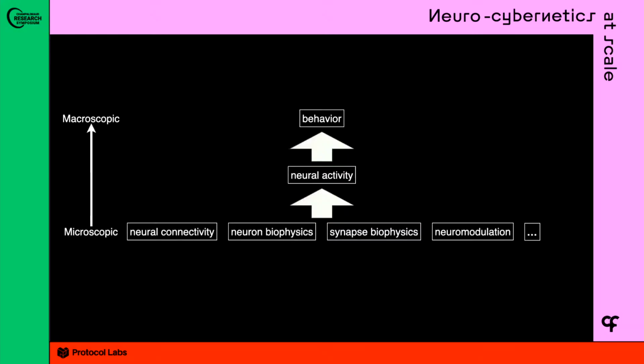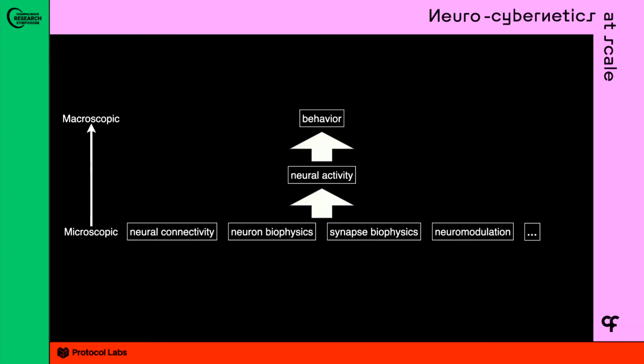I'll give you my caricature as a computational neuroscientist of how the brain works. So at the bottom, at the microscopic scale, are the cells and the molecules that make up the brain. The brain is made out of brain cells. We care about how they're connected. That's the connectome. We also need to know the biophysical properties of neurons and synapses.